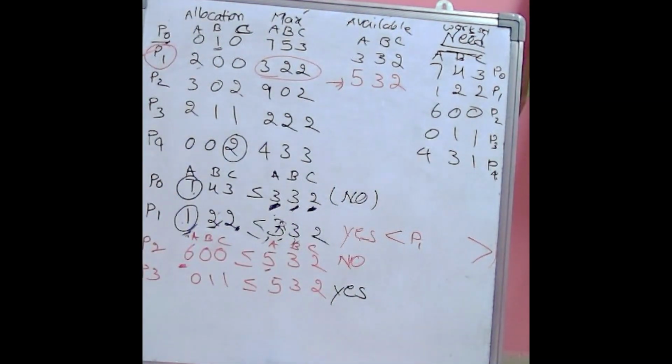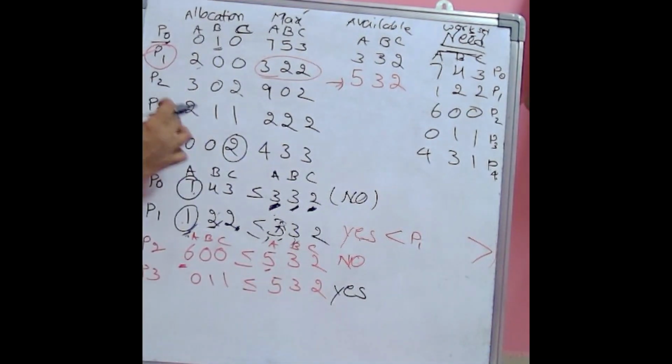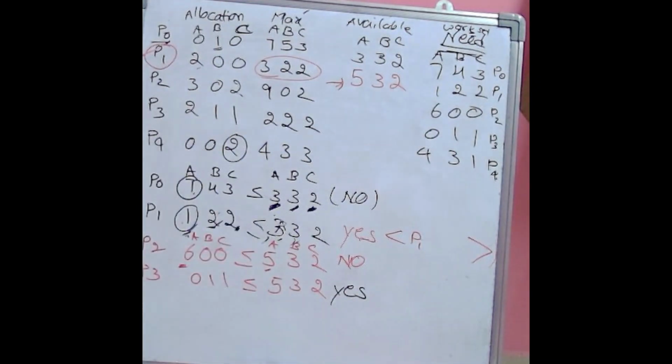It satisfies this request. That means these many resources it will allocate to P3 and it will complete its execution. It has all the resources and completes the execution. Then whatever allocated resources are there, it will add to the available.